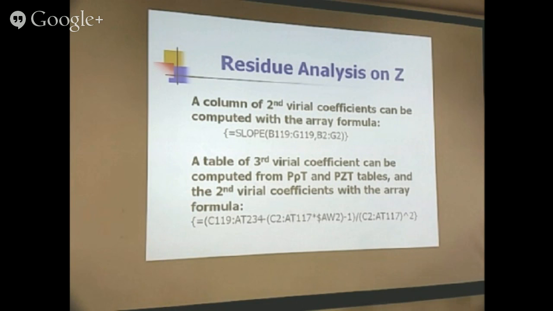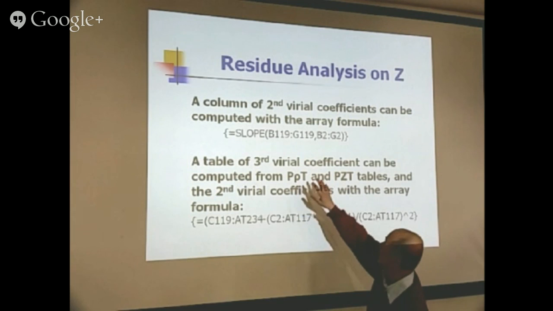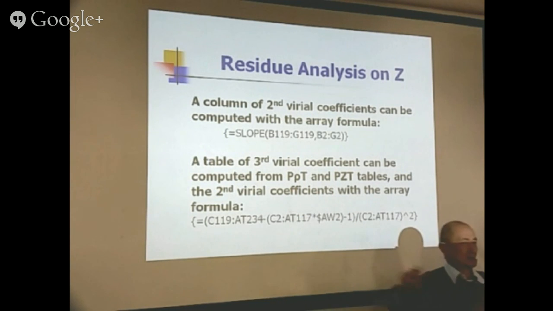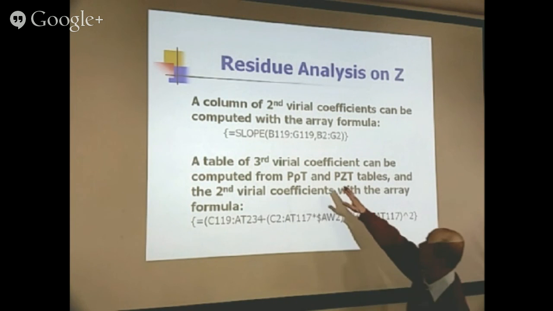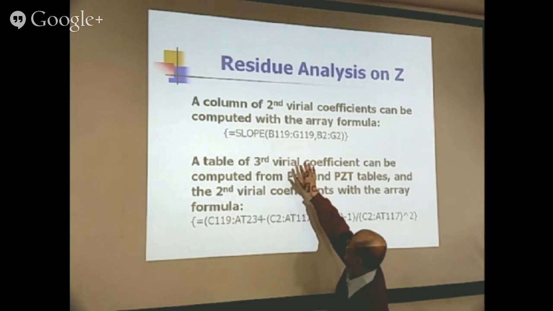Here I need to get the slopes. So I have to first calculate the second Virial coefficient, which are the slopes of all these curves in Z versus rho. And Excel has this function, slope. If you give it two rows or two columns, it will calculate the slope using the y in this array and x in this array.